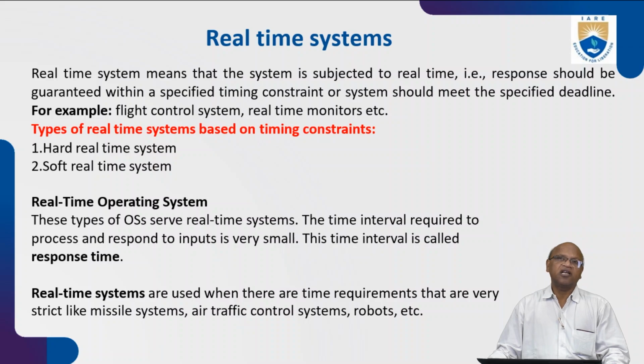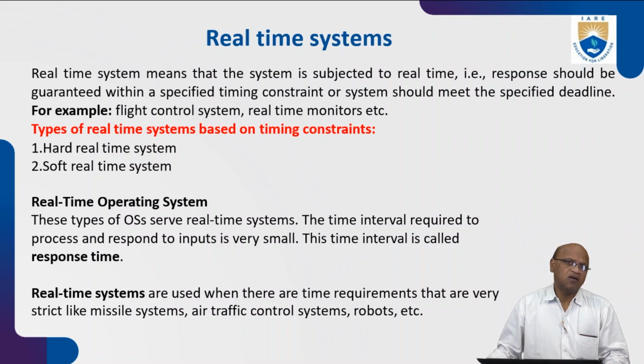In real-time operating systems, we have two types, based on the time constraints: hard real-time systems and soft real-time systems. First of all, a real-time operating system means that if an instruction is not executed within the time, without delay, we are not safe.